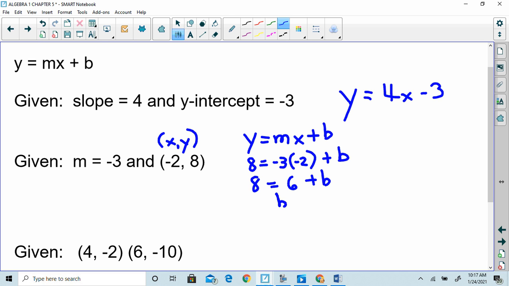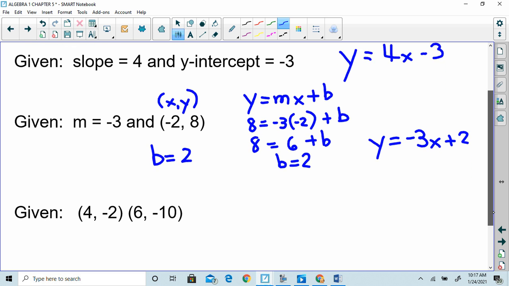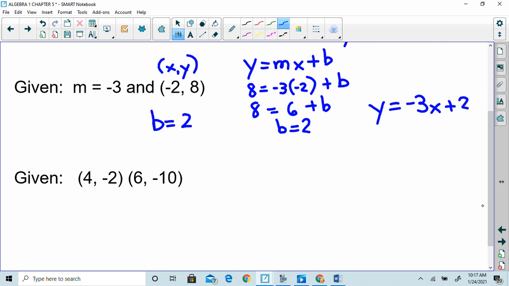If we subtract, we get a y-intercept of 2. Now that we have a y-intercept, we have exactly what we need to write this line. Negative 3x plus 2.